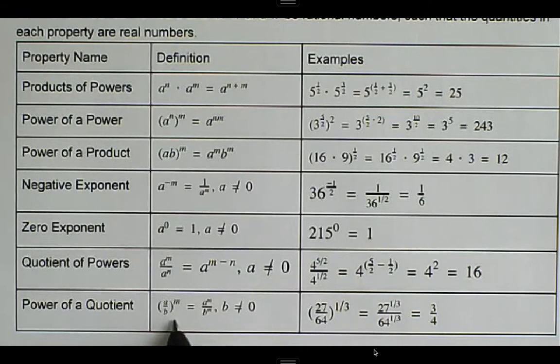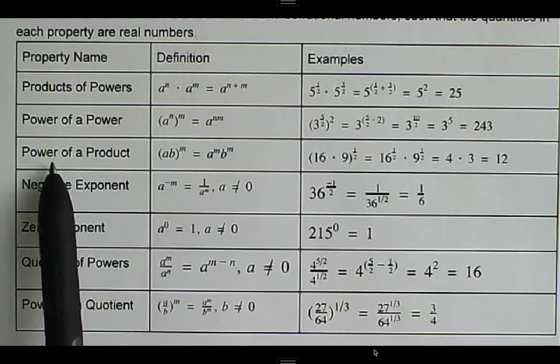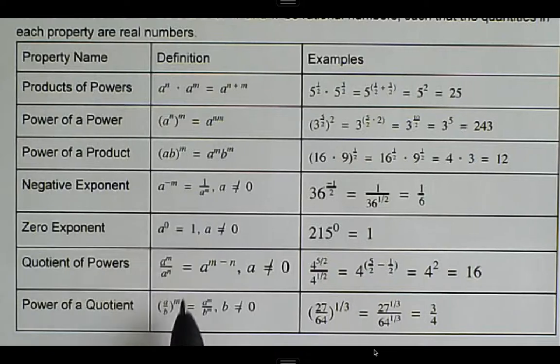Power of a quotient, A divided by B raised to the M power. That is similar to power of a product, where we're going to distribute. So we take the M and distribute it to the numerator and the denominator. So A to the M divided by B to the M, where B cannot be 0 because we cannot divide by 0.